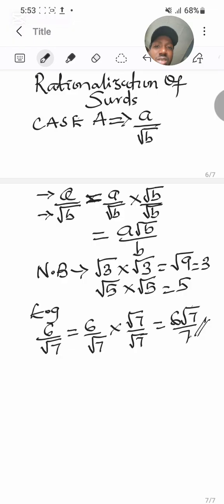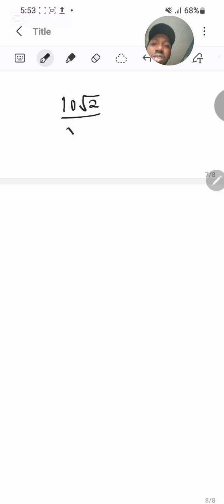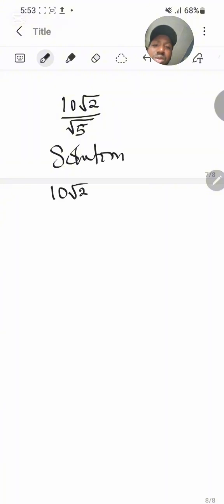So let's see another question where they want us to rationalize. Let's rationalize 10 root 2 over root 5. So to solve this, you can just say this is 10 root 2 over root 5 times surd 5 over surd 5.